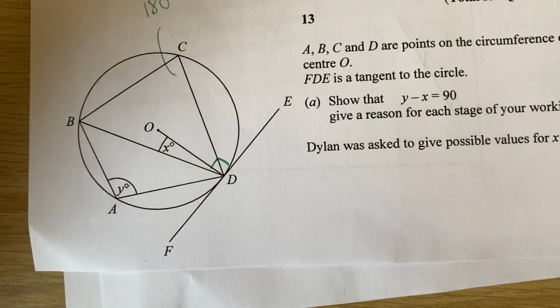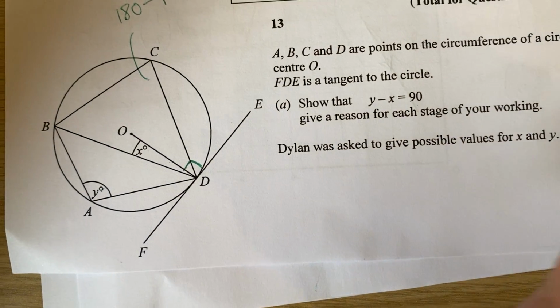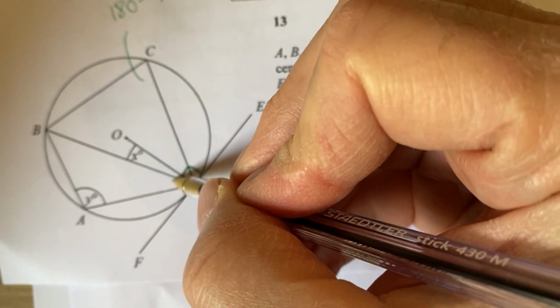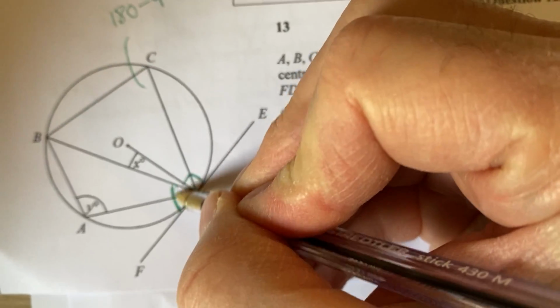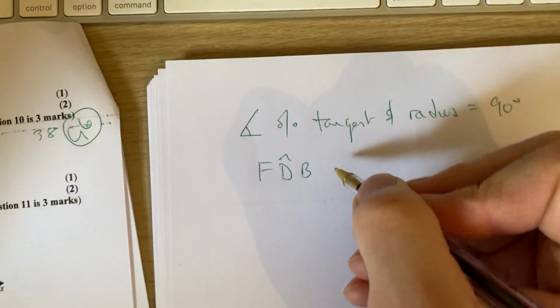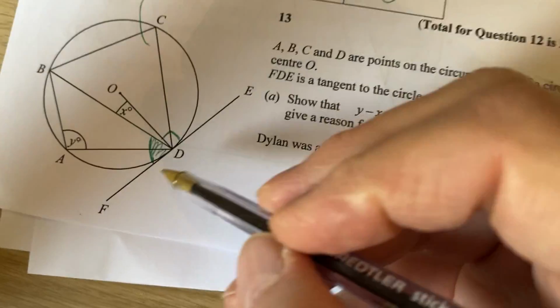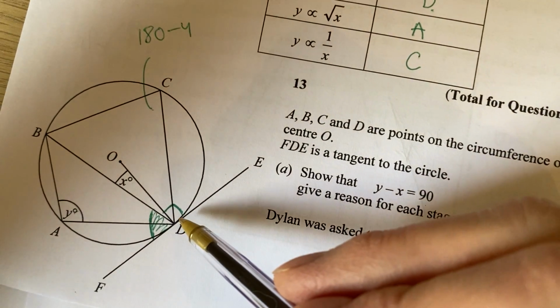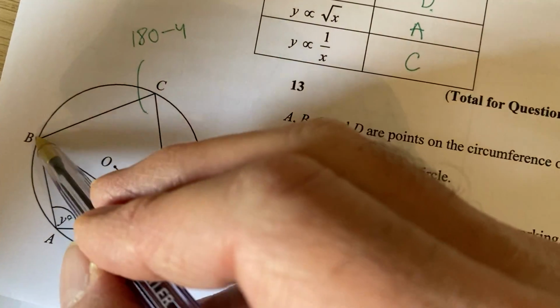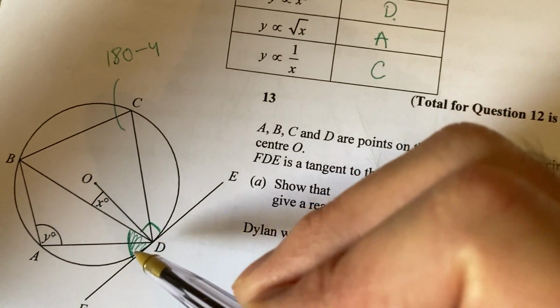I also know it says something here called the alternate segment theorem. So it means that this chord here, so I know that FDB, that angle, is a chord between the tangent and there, and the angle BCD is equal to that.